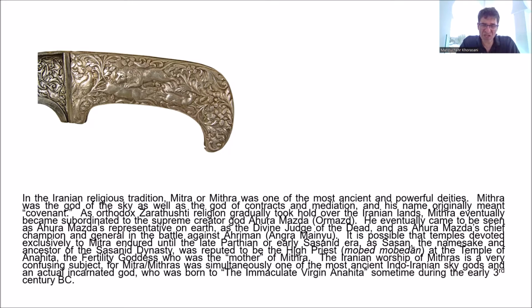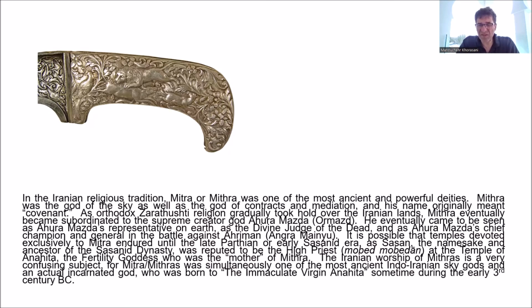As the Orthodox Zarathushtri religion gradually took hold over the Iranian lands, Mitra eventually became subordinated to the supreme creator god, Ahura Mazda, or Mazda. He eventually came to be seen as Ahura Mazda's representative on earth, as the divine judge of the dead, and as Ahura Mazda's chief champion and general in the battle against Ahriman, Angra Mainyu.